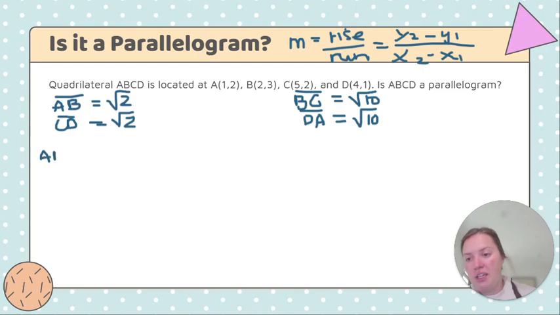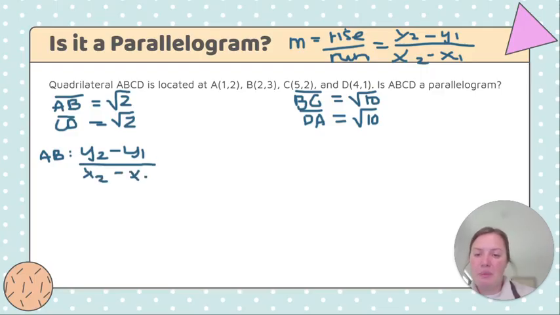So for AB here, I am going to have, once again, B be my second point here. So I am going to write y2 minus y1 over x2 minus x1. We start with the second point. And realistically, it doesn't matter in the big scheme of things as long as you're putting them in the same order each time.